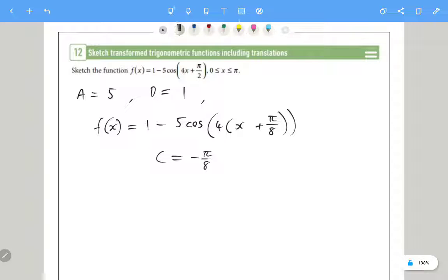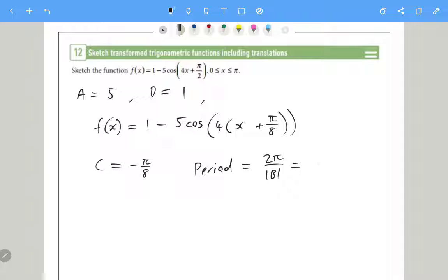I'm going to have to remember that as we go through. Alrighty, so we've looked at most of the values. The last one to look at is the period, so let's do the period now. The period is equal to 2 pi over b. In this case b is 4, so you get 2 pi over 4, which is pi on 2. And so that's going to be our period, which means it's going to repeat every pi on 2.